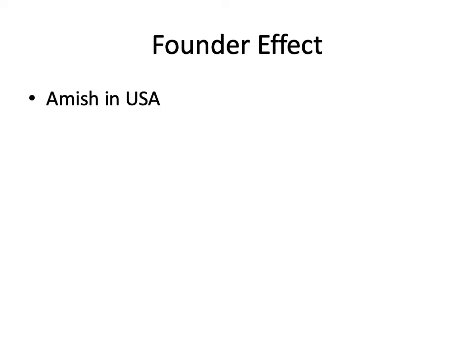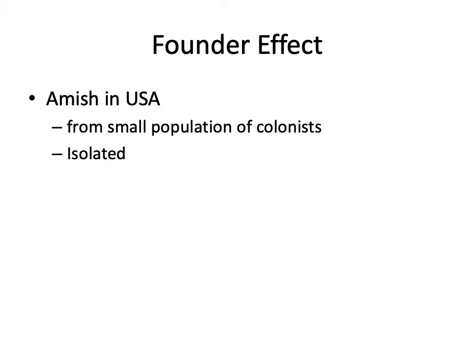The population of Amish people in the United States. This was started from a small population of colonists, and they're isolated. They don't reproduce much with other people. They tend just to reproduce with other Amish people. And the individuals that founded this small population had a certain disorder.